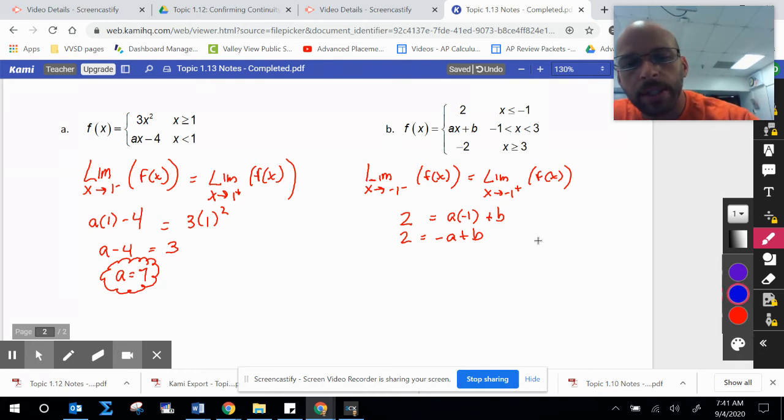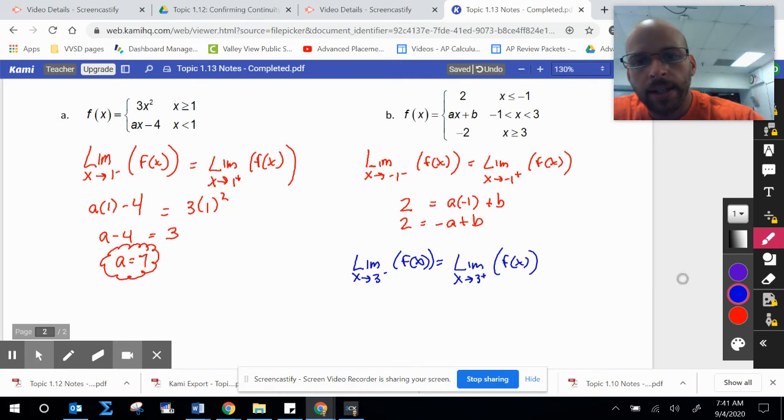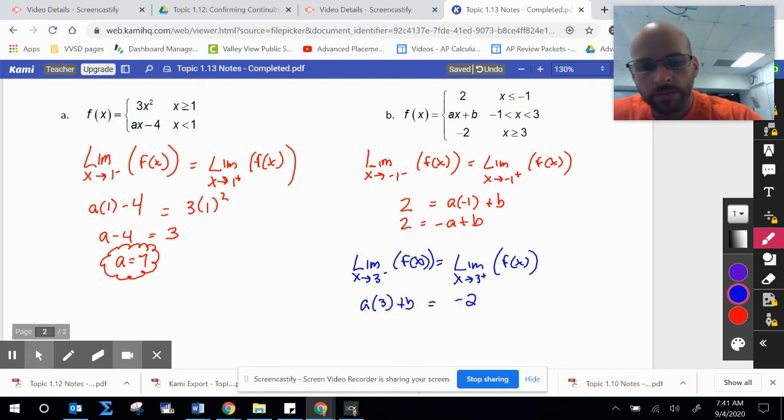Now the same thing, I'm going to set up the same idea. So the limit as x approaches 3 from the left of f of x has to equal the limit as x approaches 3 from the right of f of x. And if I do that, I'm going to get a times 3 plus b, which is going to equal negative 2.